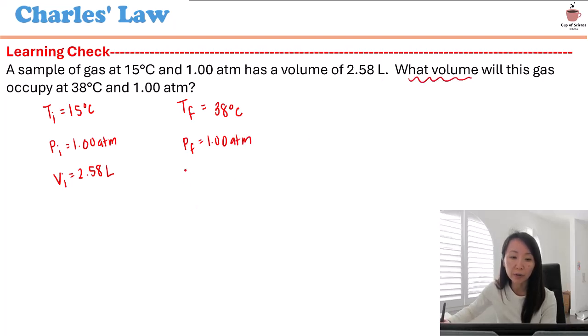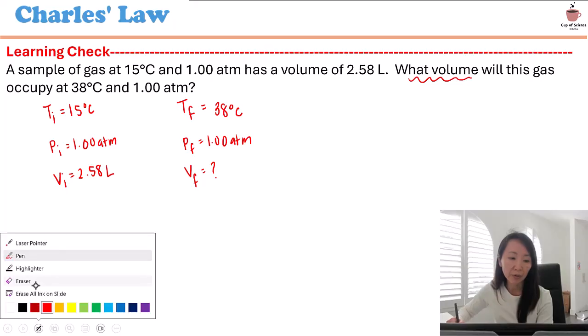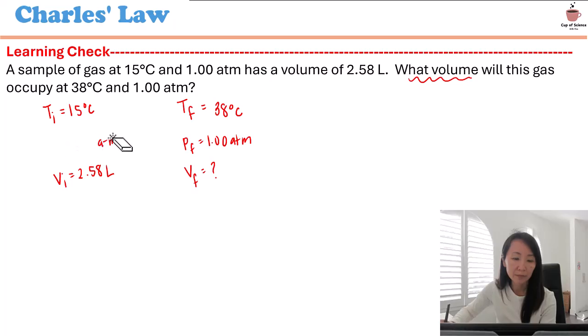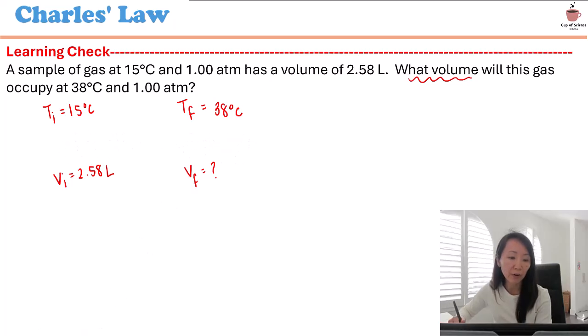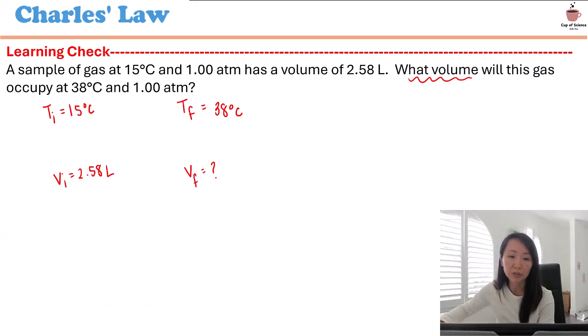So I want to know what V final is. Since the pressure is exactly the same initial and final, we don't need to really look at the pressure. So instead of having it there, I'm going to go ahead and erase that so it's not confusing. So we have temperature and volume, and we can use the Charles law.